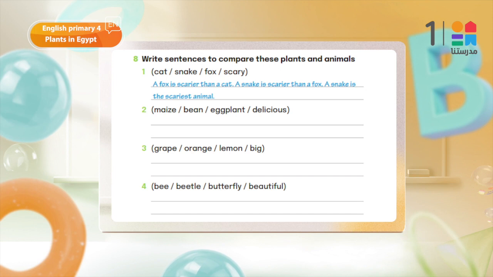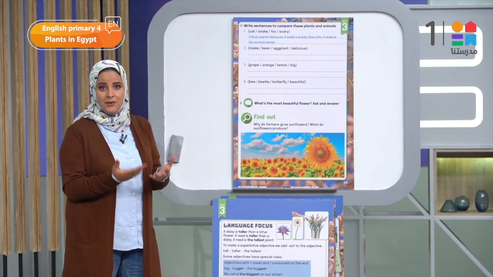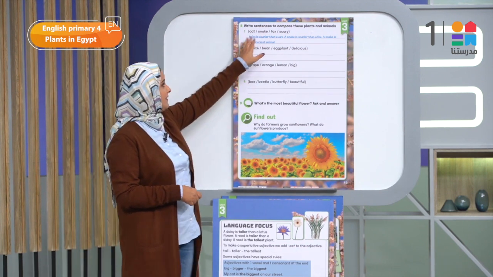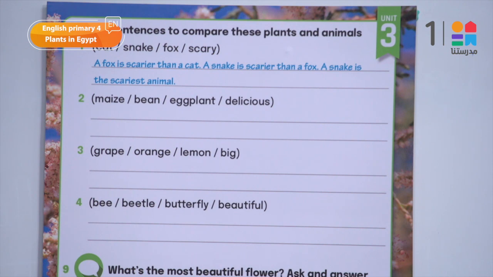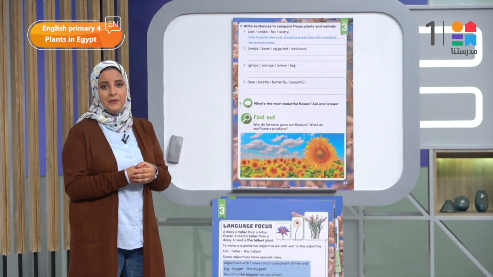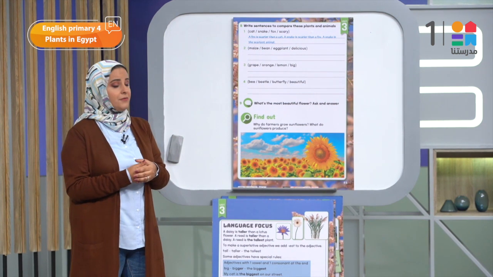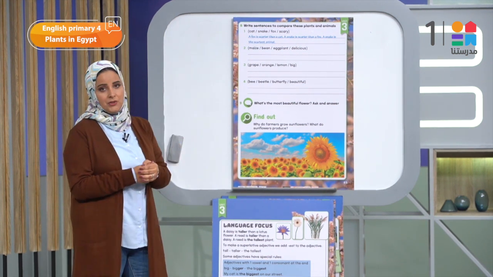Write sentences to compare these plants and animals. Let's read the words together. Cat, snake, fox, scary. Where is the adjective here? Very good. Scary is the adjective.